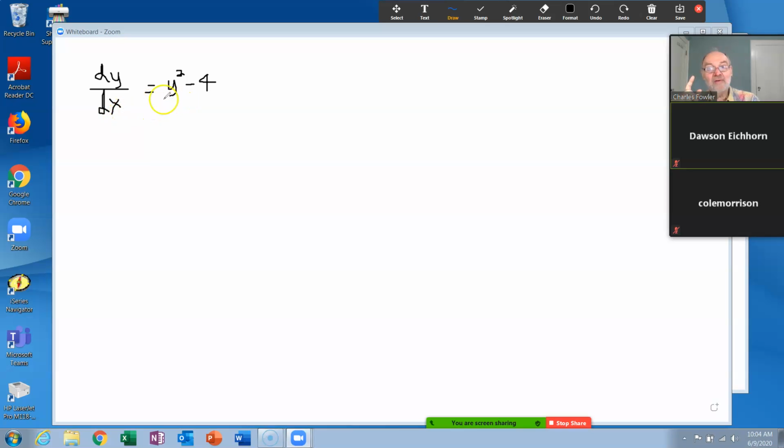Wouldn't it be, write this in differential form, in other words, put the dx over here, and then to get the y's on the other side, divide by y squared minus 4, right? Yay or nay? Now, this is not an initial value problem, so we're just going to go.